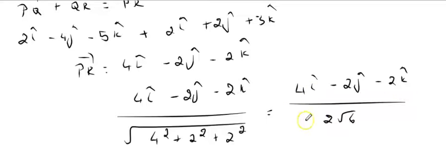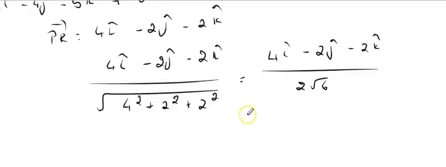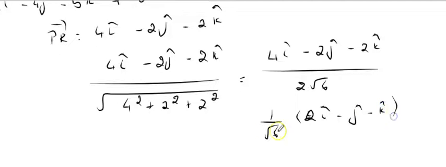Now I can take 2 as a common factor and cancel it out. So finally I get 1 by root 6 times 2i minus j minus k vector. So this is the PR vector.